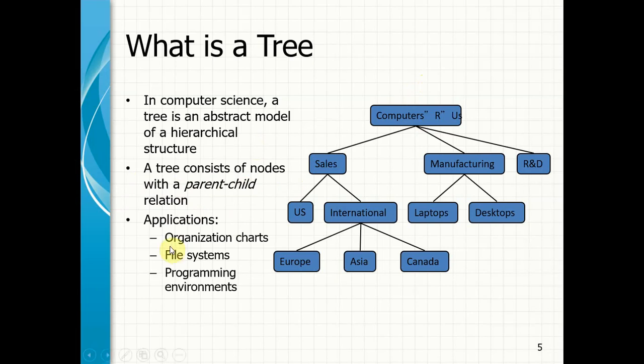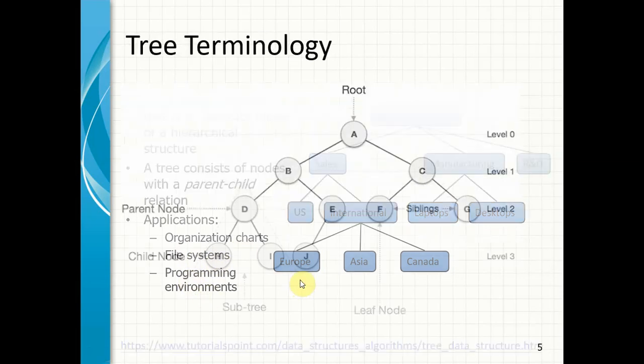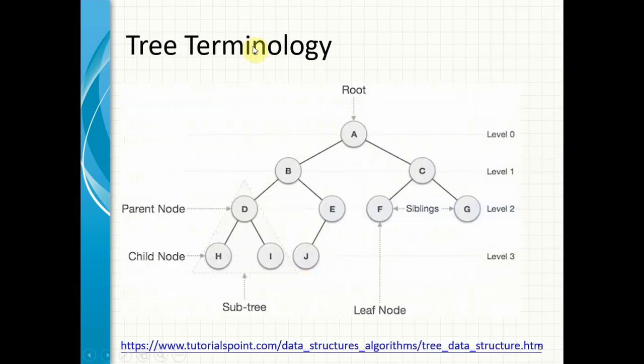So there are many applications in addition to what I've previously mentioned. It would help you with organization charts, just like the file system, or even some program environments via modularization. So here are some terms we would like to introduce. They include the root, the parents, child node, subtree, and leaf node.